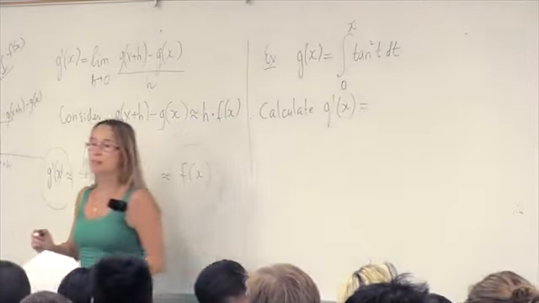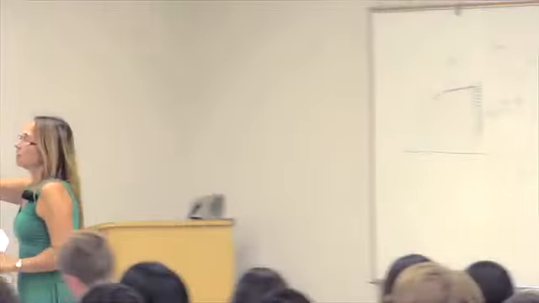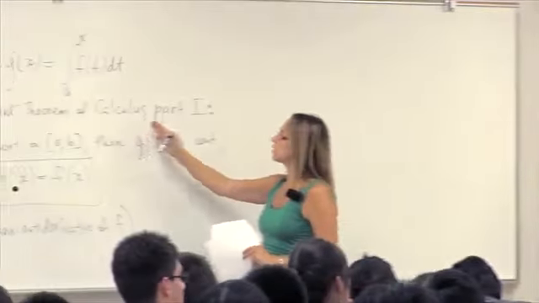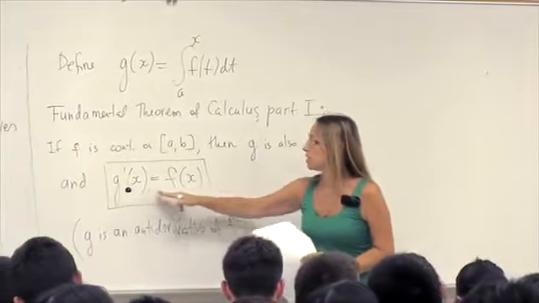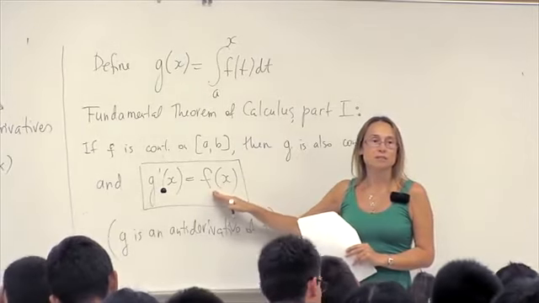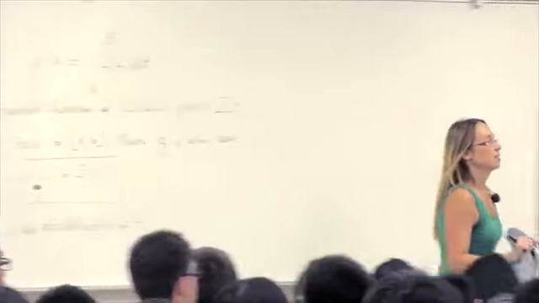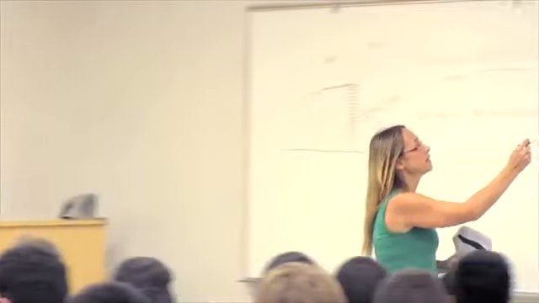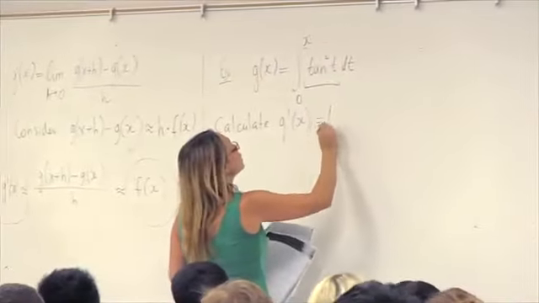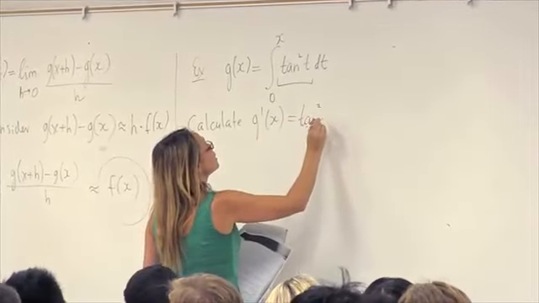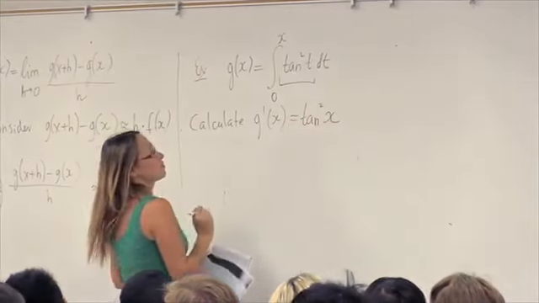So this is done simply by applying this theorem. The fundamental theorem of calculus part 1 states that this derivative is simply the integrand that appears in the definition of g evaluated at x. So we simply take the integrand, tangent squared, and evaluate it at x. And that's it.